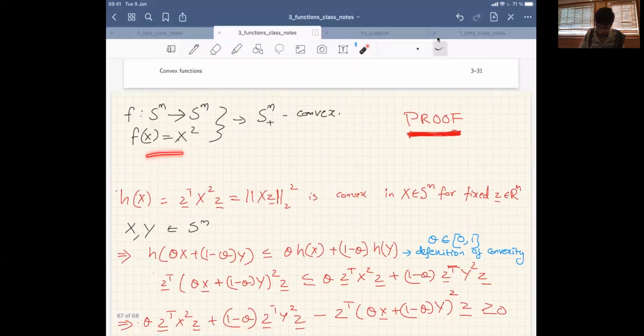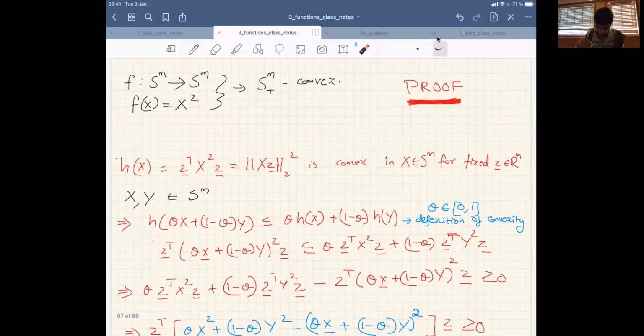Okay, so this is the function that we have. Now we have to prove this. The proof is here. Let's consider another function h of X, which is given by z transpose X squared z. I can write this as the squared Euclidean norm of X z. Why?